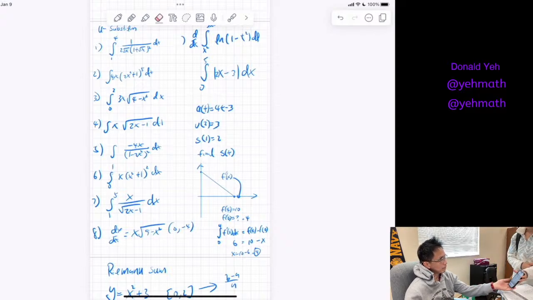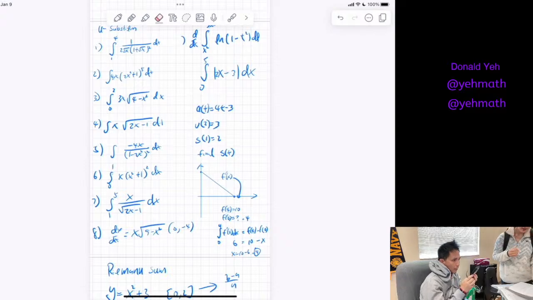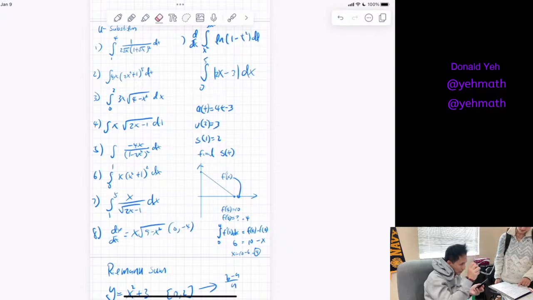For number 2, I was doing it for midpoint, and I kept getting it wrong. It says how many subintervals, so it's 5 equal intervals. Which point did you use? No, you're not supposed to use those.